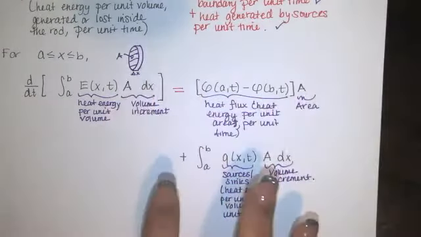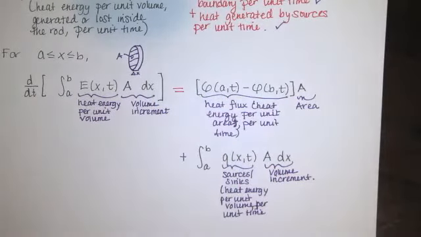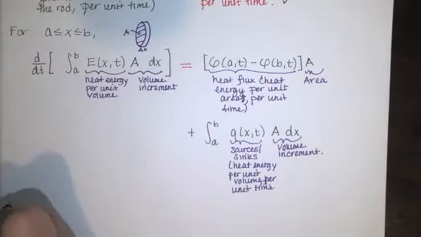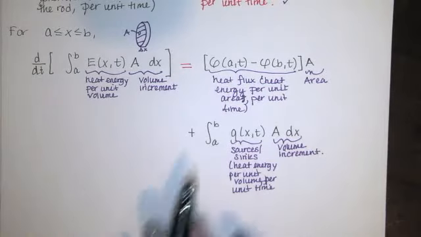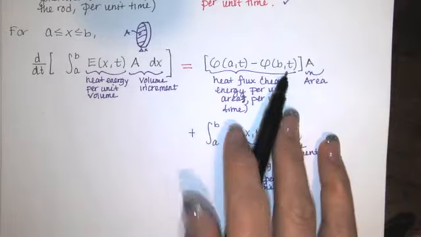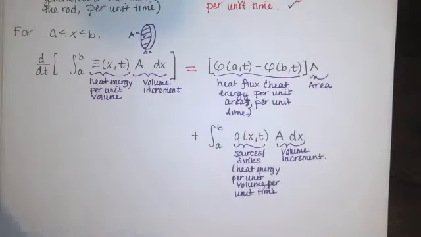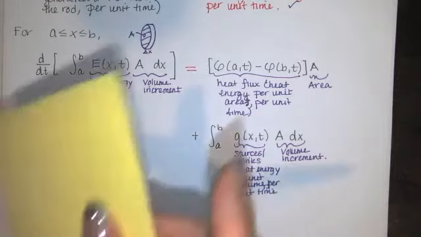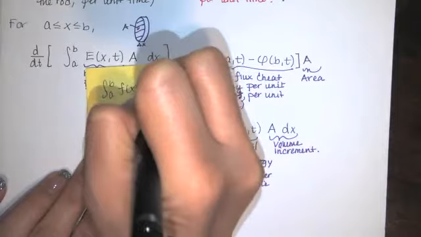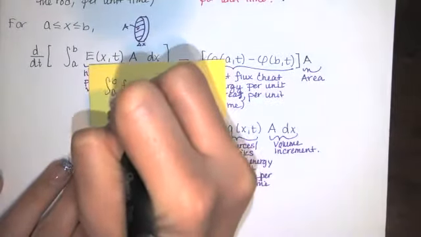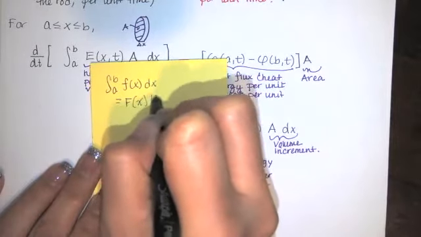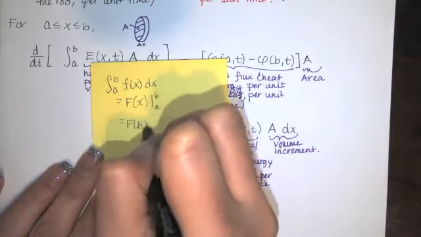Now let's see if we can't make this prettier. I want to make it as simple as possible. And hopefully, as we simplify it, it will be more insightful for us. Now, this expression over here, we can think of as the result of an integral. You guys remember from your Calculus 1 class, I'm sure, that if you take the integral from x equals a to x equals b of f of x, to find that value you would typically find the antiderivative, plug in a, plug in b, and subtract.